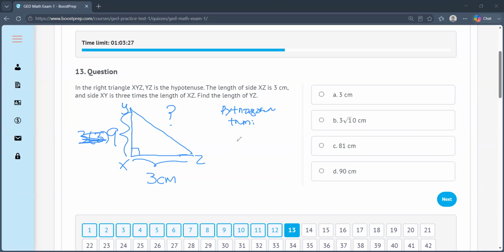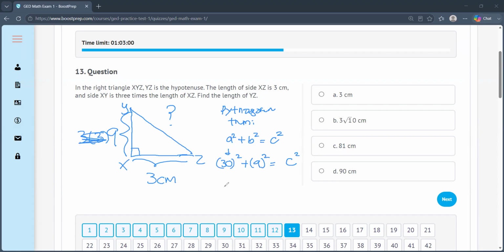The Pythagorean theorem states a squared plus b squared equals c squared, where a and b represent the legs and c represents the hypotenuse. One of my legs is 3, so it's 3 squared, and my other leg is 9, so it's 9 squared, equals the hypotenuse, c squared.